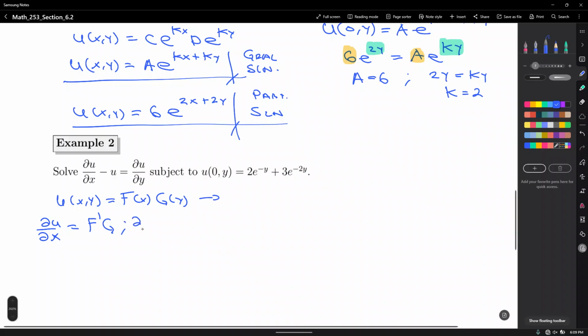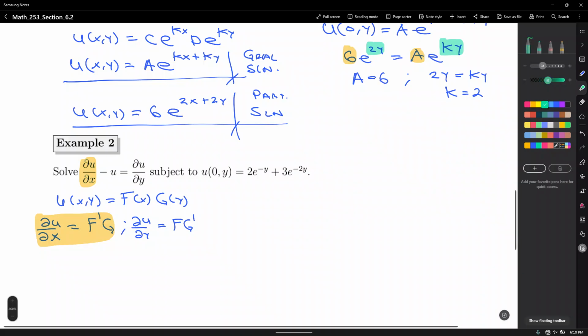Also, the partial of u with respect to y equals f g prime. All right? Okay, substitute into the PDE. Be careful with the substitution. So the partial, let me actually highlight this again. The partial of u with respect to x would be here, isn't it?